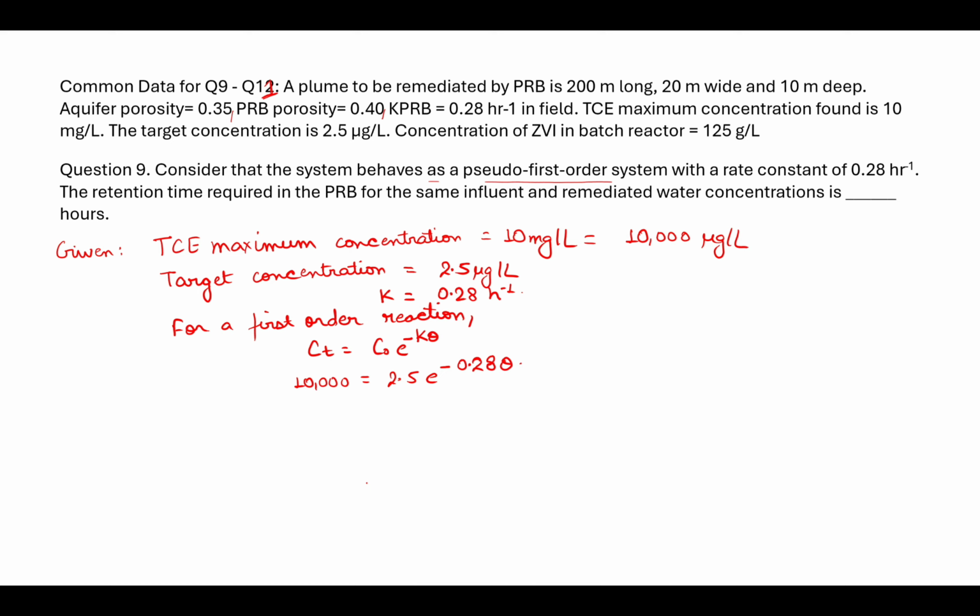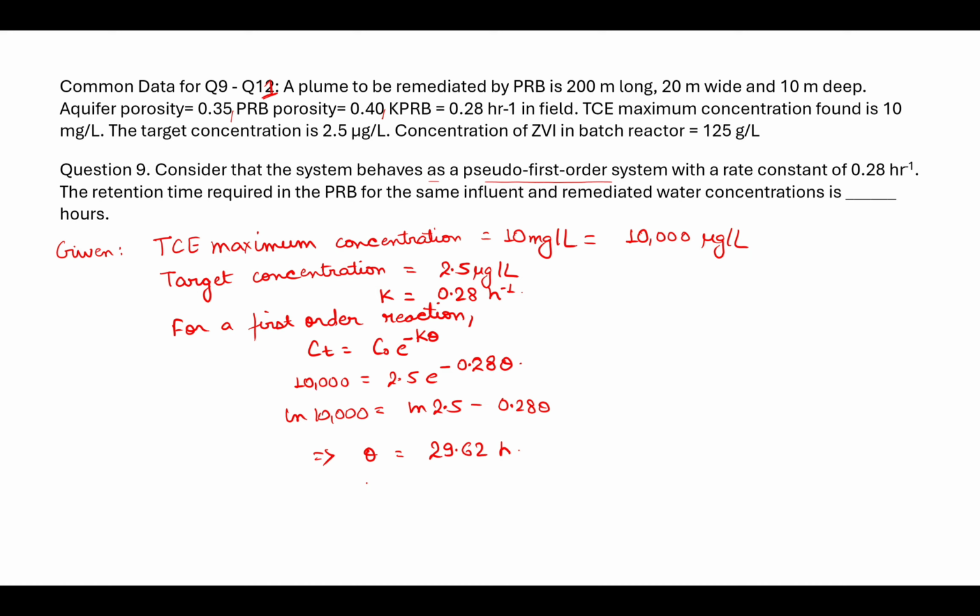So on solving this, we will get 29.6. So let's take log on both sides: ln 2.5 minus 0.28 theta. On solving, we will get theta as 29.62 hours, because K was given in per hour. So the unit for theta will be hours. So we find out the retention time required in the PRB to get the targeted concentration as 29.62 hours.